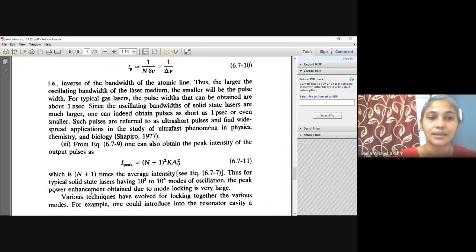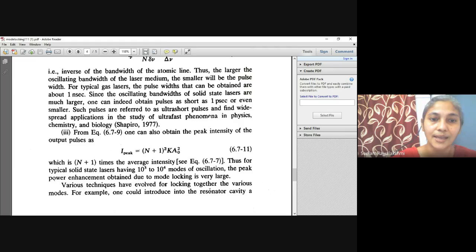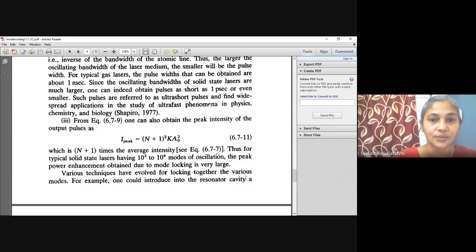For solid state lasers having 10 power 3 to 10 power 4 modes of oscillation, the peak power enhancement due to mode locking is very large. So various techniques have evolved for locking together the various modes. Let us see some of them.